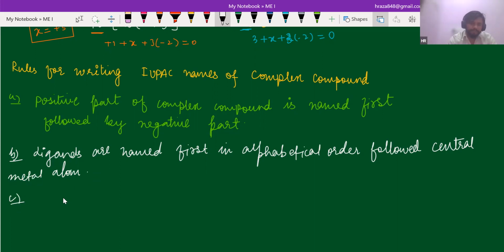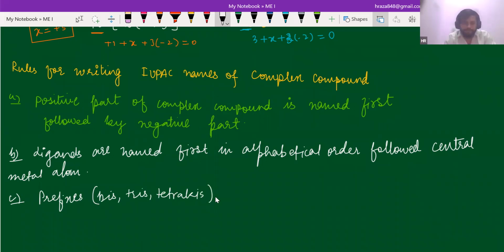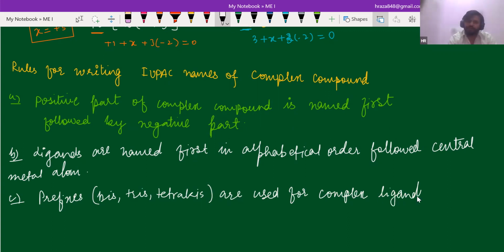The prefixes bis, tris, tetrakis are used for complex ligands, like ethane-1,2-diamine and oxalate ion.